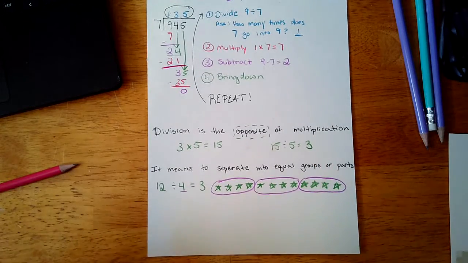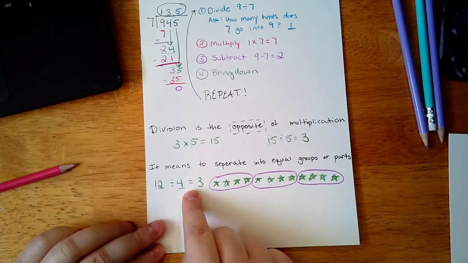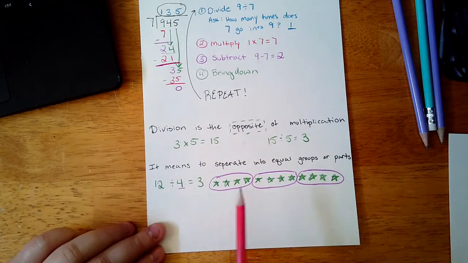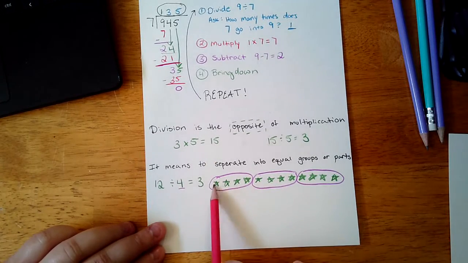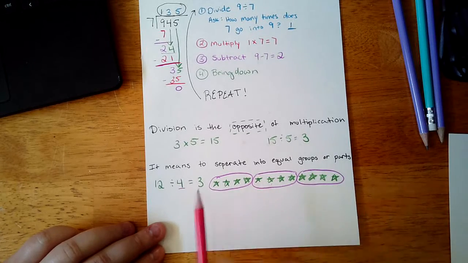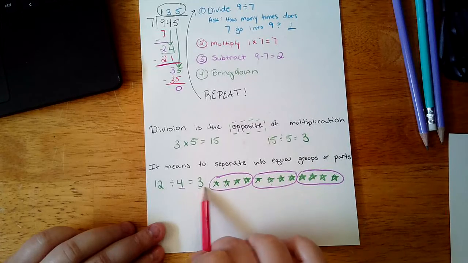Division means that we are going to separate into equal groups or parts. So for example, 12 divided by 4 equals 3. If I have 12 stars and I'm putting them into groups, each group has 4 stars. I now know that I have 3 groups.